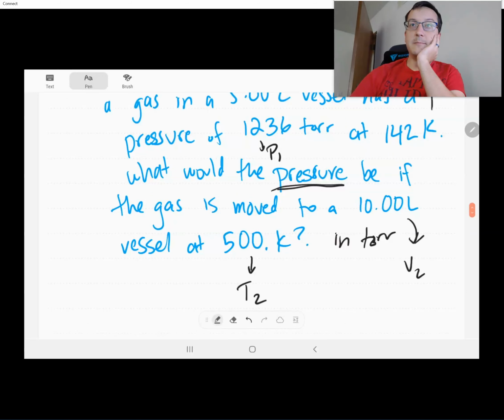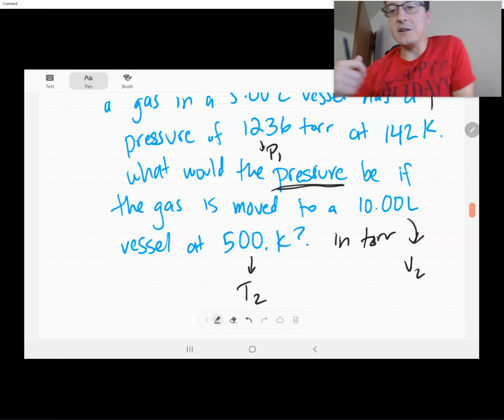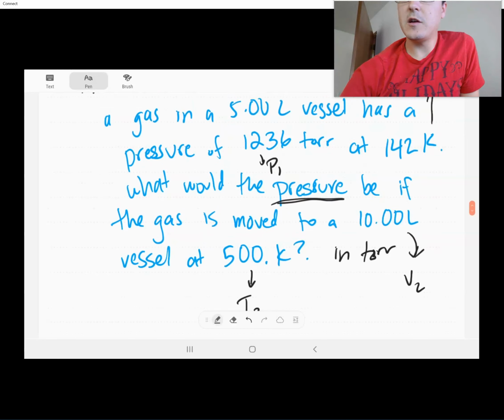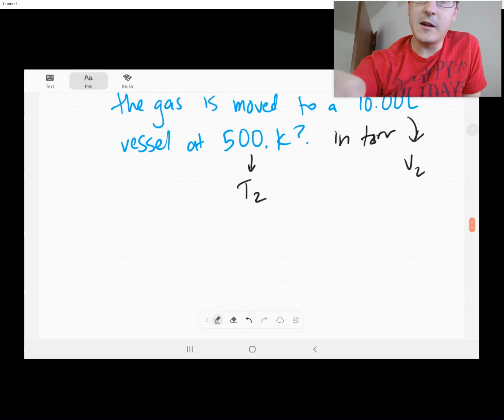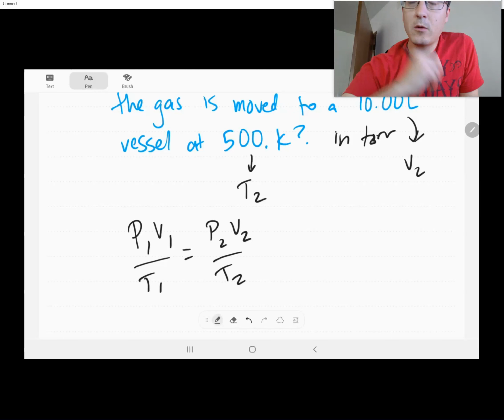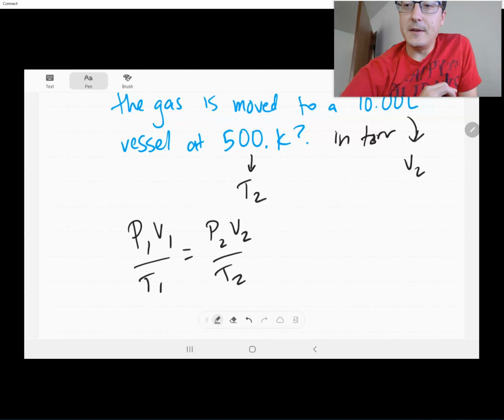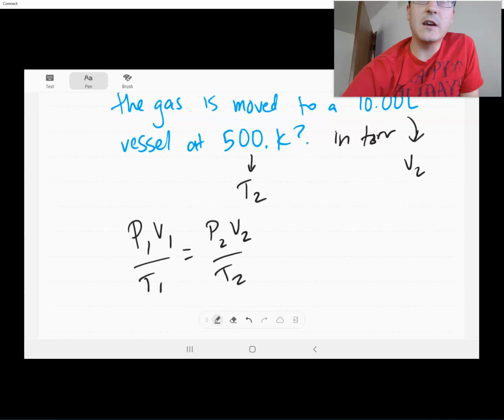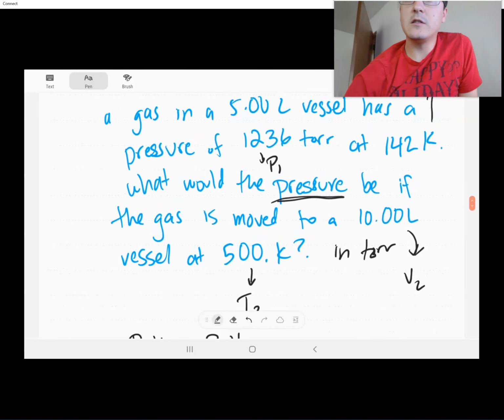All right, so we are missing P2. That's the one we're going to solve for. So, I'm just going to write it again: P1V1 over T1 equals P2V2 over T2. What we can do is solve this equation for P2 and then plug in our numbers, of course.